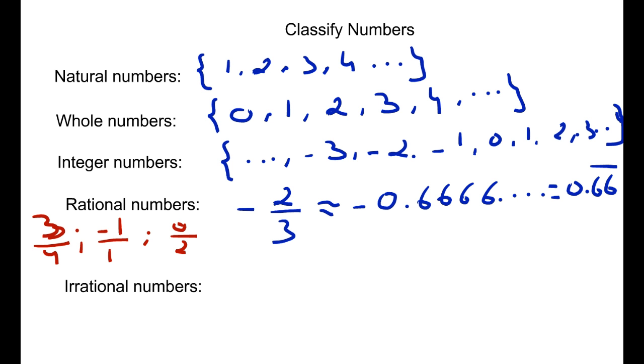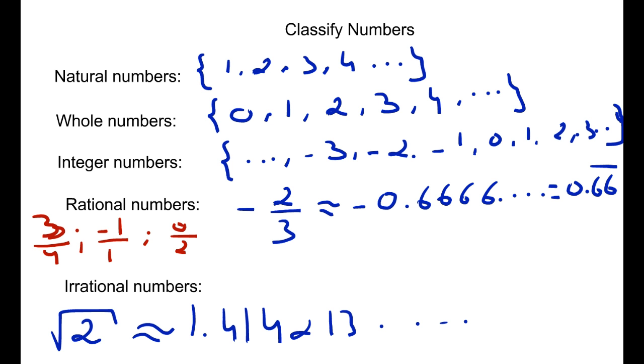The square root of 2 is about 1.4213, and so on. The numbers do not terminate or end, but they keep changing here. We've got 4, 1, 4, 2, 1, 1, 3. So these numbers show me that we're talking about an irrational number.